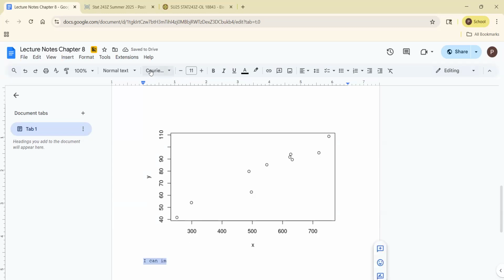And with this scatter plot, I can immediately see that longer books tend to have higher prices. That's the type of relationship we're talking about between two continuous variables. When the x variable is larger, the y variable also tends to be larger.